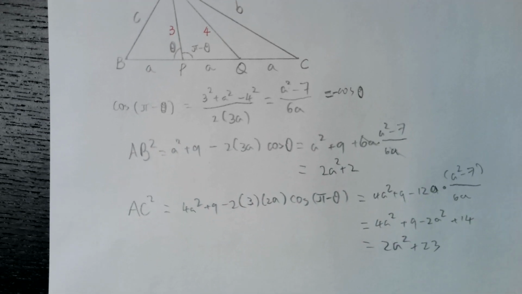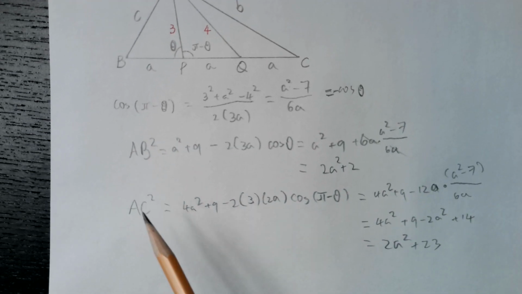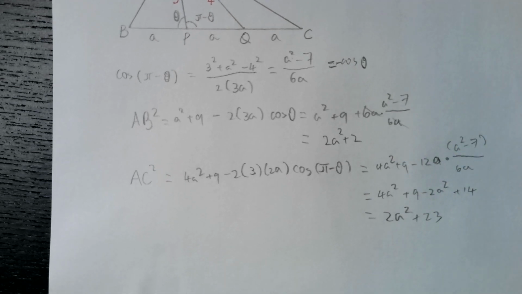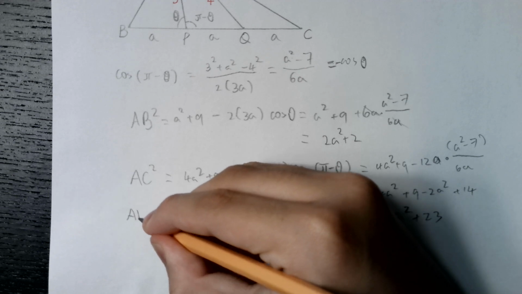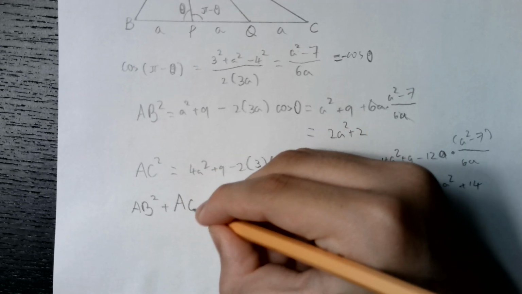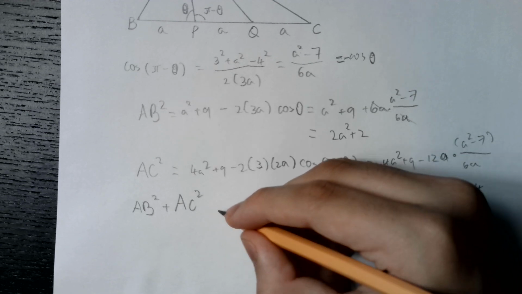And because cosine law uses the squares of side lengths, it's easy.